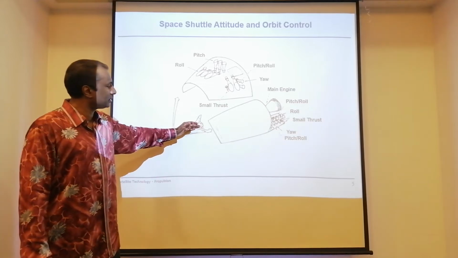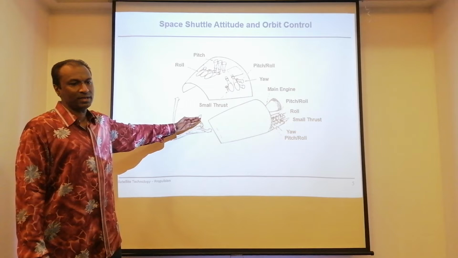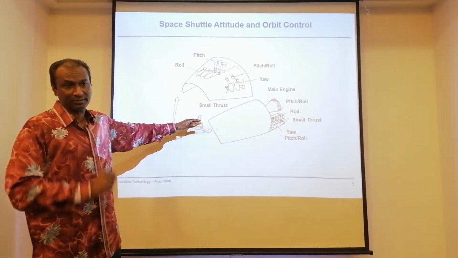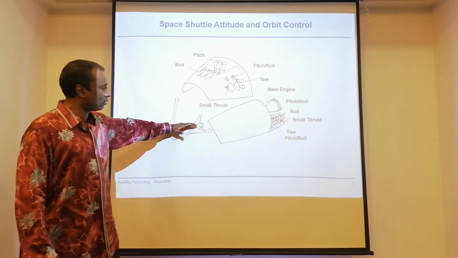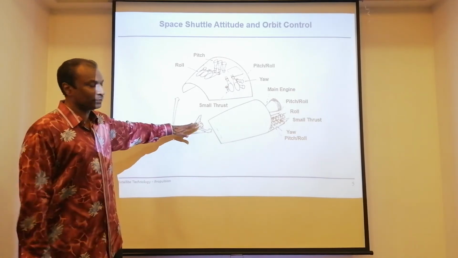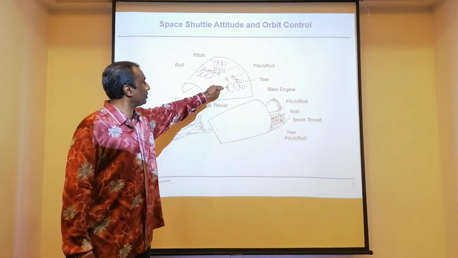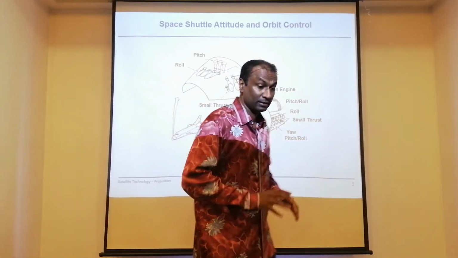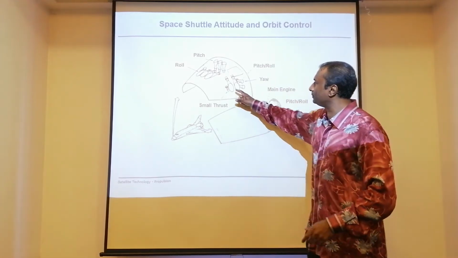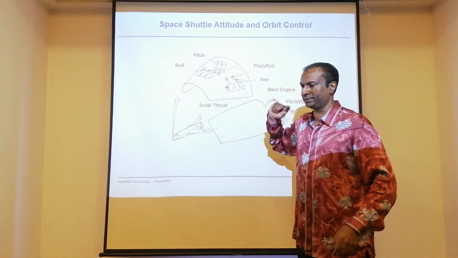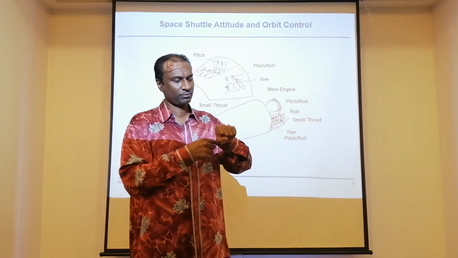Now, if I don't want to do any translation motion, but I just want to make sure it is pointing in the right direction, that is a rotational motion. Let's say I don't want to face here, I want to face towards you. I need to do a rotational motion. So if you look at the body of the spacecraft, the body of the satellite, the body of any rigid body, you will have thrusters. Imagine this is a cylindrical body.